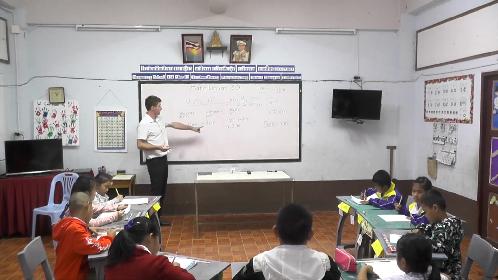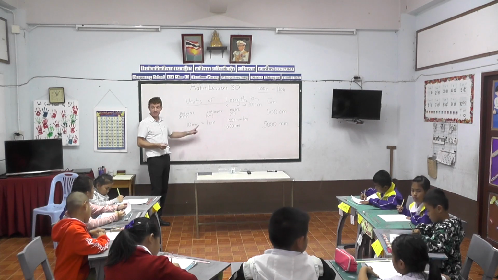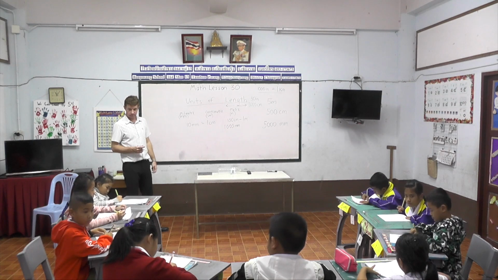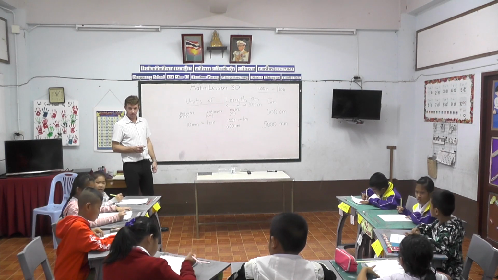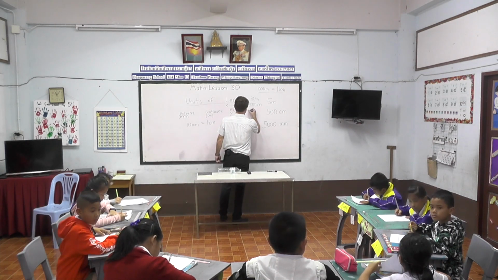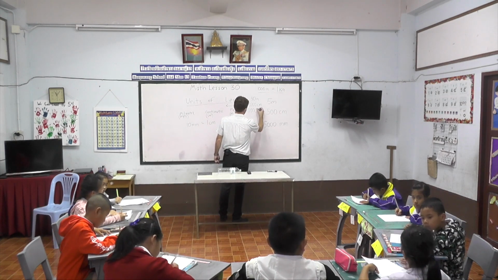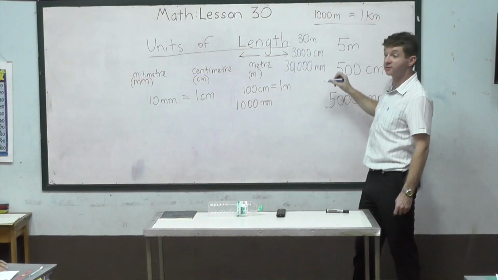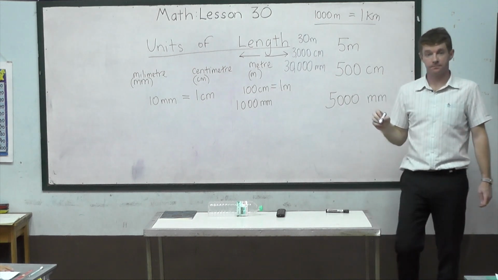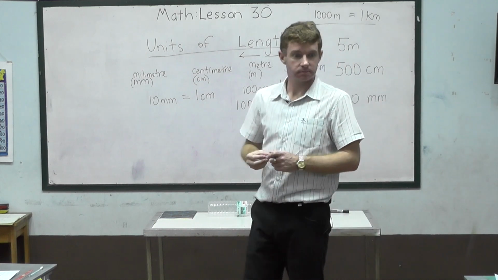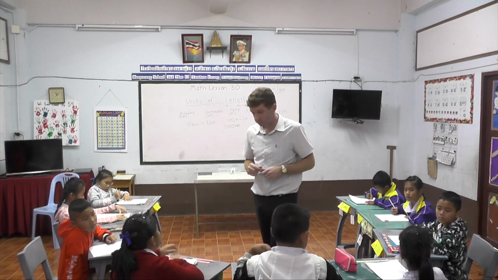We have to do 3,000 times 10. Equals 30,000. So the first one is the same. Yes. So for the first one, yes.